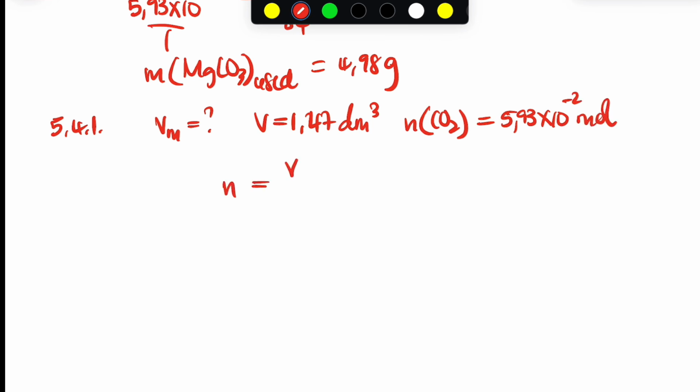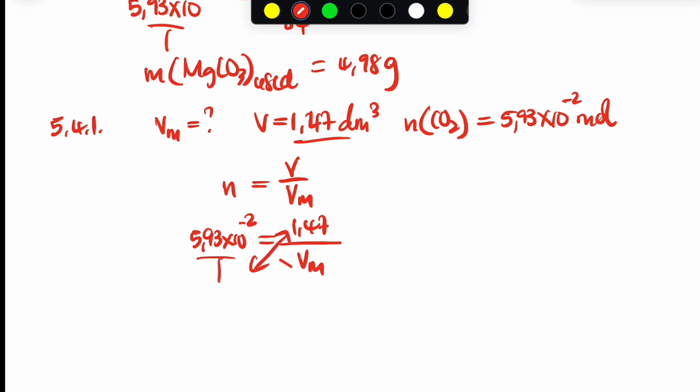So we're going to use the formula: number of moles is equal to V over Vm, right? So the number of moles is 5.93 times 10 to the power negative 2, and the V we have is 1.47. We divide by Vm. That's the one we're looking for, and then we cross multiply there. So Vm is equal to 1.47 divided by 5.93 times 10 to the power negative 2.